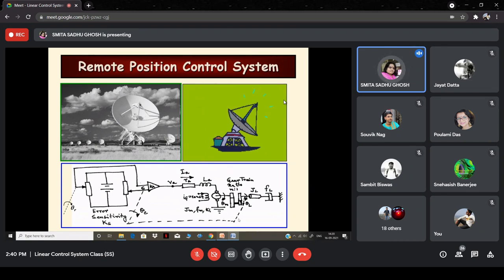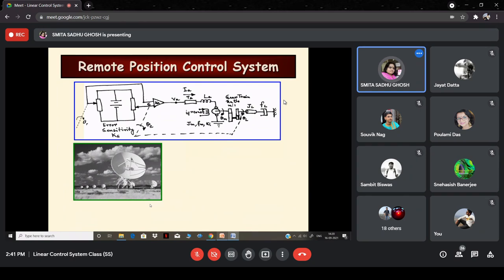The mechanical coupling will be such that theta r minus theta c will generate the output of the potentiometric error detector. Now coming to the next slide, which gives us the notations and the units for the different quantities.